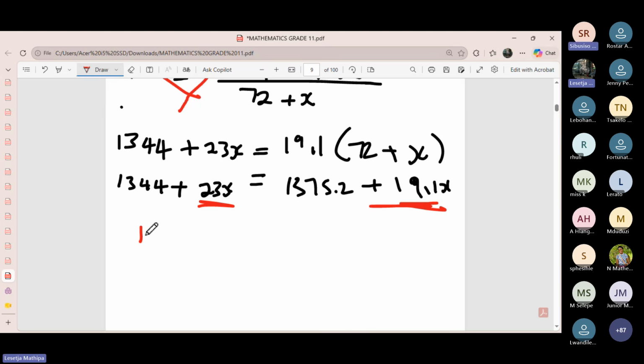Let's start with this one: 1375.2 minus 1344, which is equal to 23x minus 19.1x.